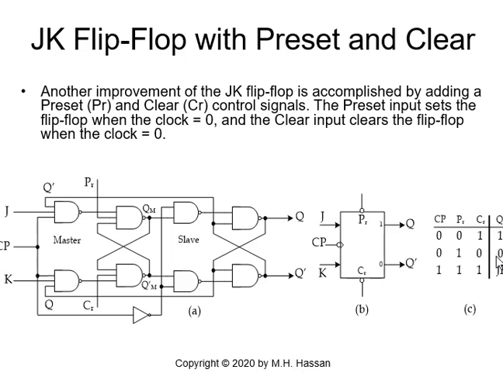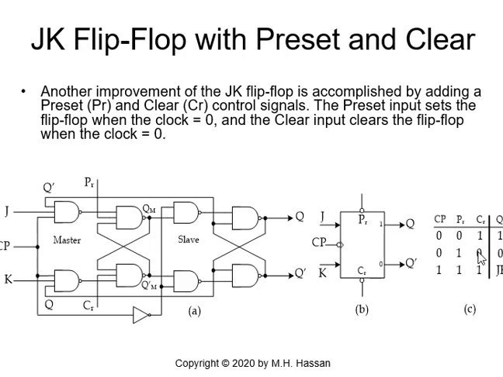So the preset and the clear will act without the clock. Once the clock is 1, this will act as a normal JK flip-flop. I will never allow the application of preset and clear to be both zeros.